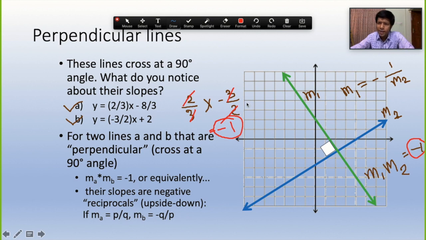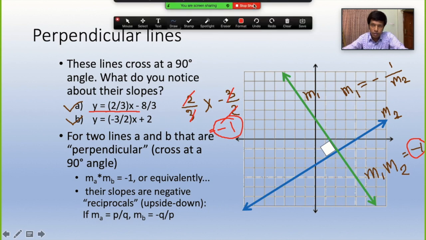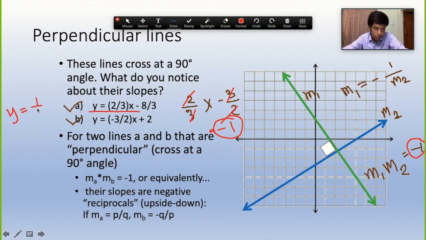Now there is another way we can ask this question. Say, for example, one equation is given: y equals, let's use something different, 1 divided by 2 x plus, let's say, 3.